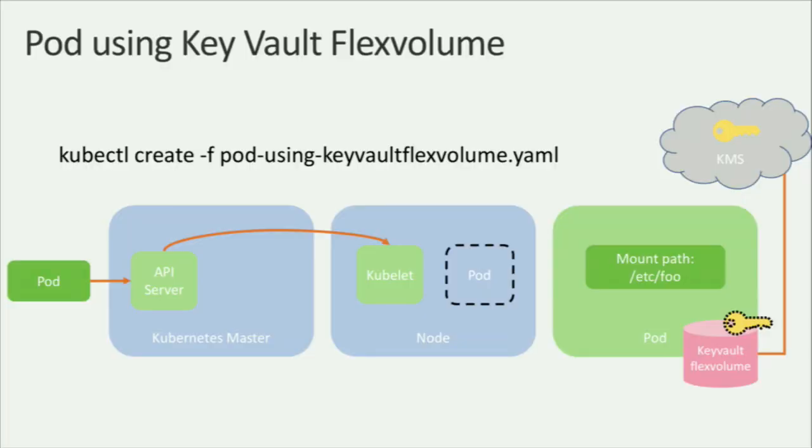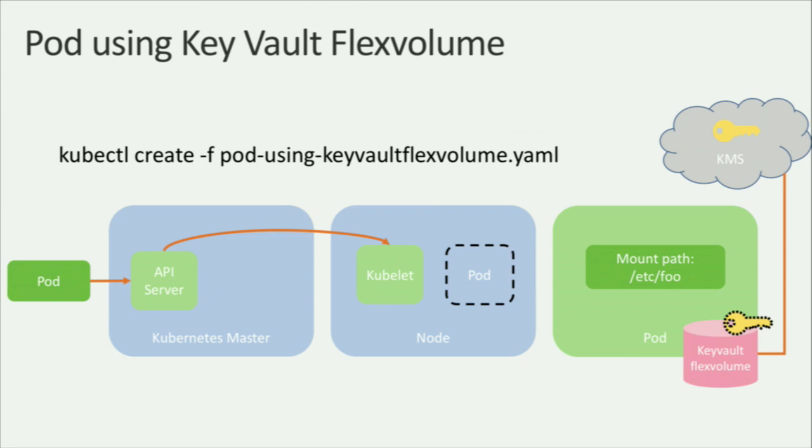Let's talk about what a Flexvolume is. A Flexvolume is a Kubernetes construct that was created to allow us to mount vendor-specific volumes into Kubernetes. In this case, we've created a Key Vault Flexvolume driver that gets deployed on each kubelet node.